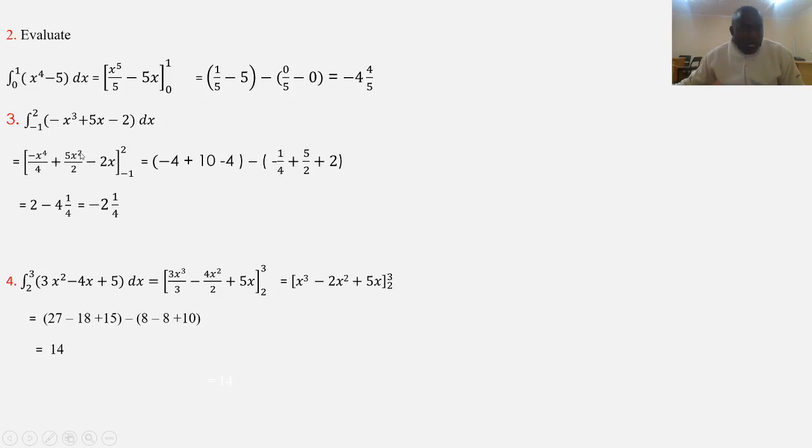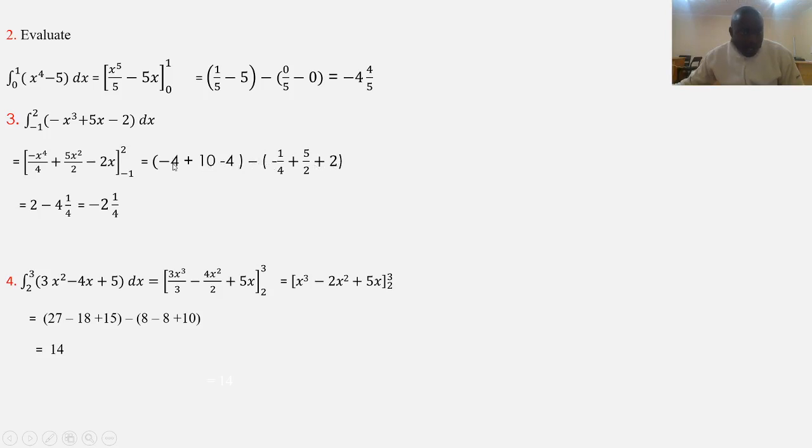Then plus, here negative 1 squared is just 1, times 5 is 5 over 2. So it's plus 5 over 2, then minus, then we have negative 1 times 2 is negative 2, there is a negative, negative becomes positive, so it will be plus again 2. All these are positives, so you minus here.